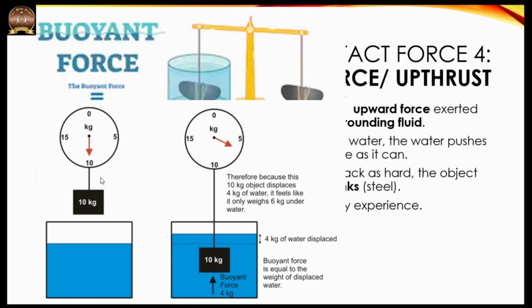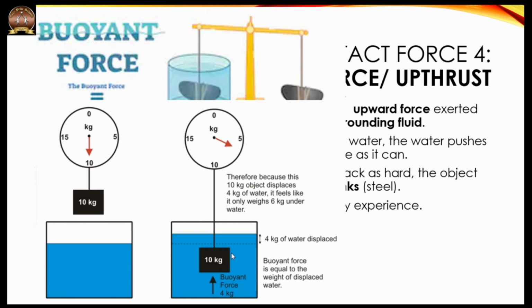You must have observed that whenever a body is immersed in water, some water is displaced or removed. Now, if we can calculate the amount of displaced water, the amount of displaced water would be equal to the buoyant force that is applied on that object by the water.